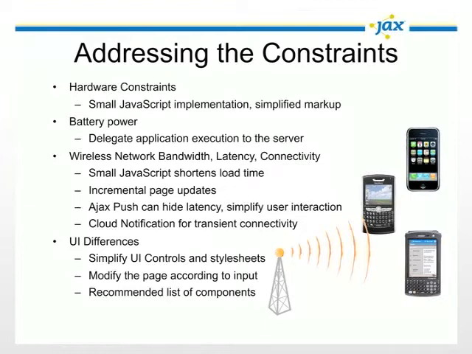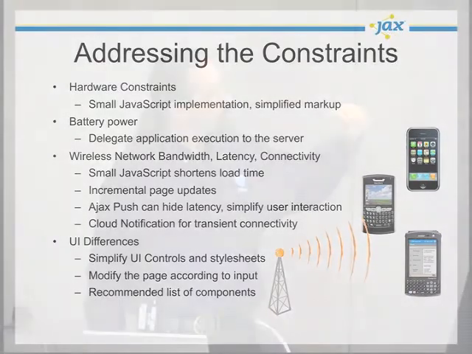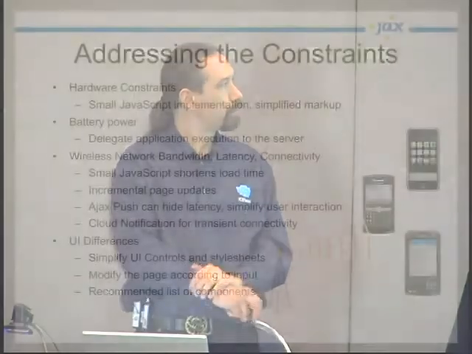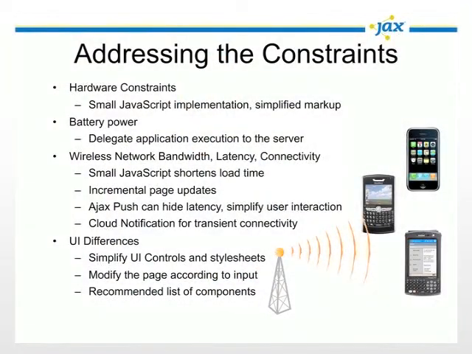When using Ajax push, the user can be interacting and an update can be pushed to them, which can simplify the way that they use the application and make them better able to get more done, even though the network is not as solid as it might be for a desktop application. And then finally, we'll use the cloud in order to send push updates to the device.